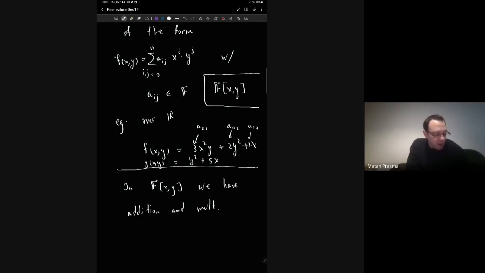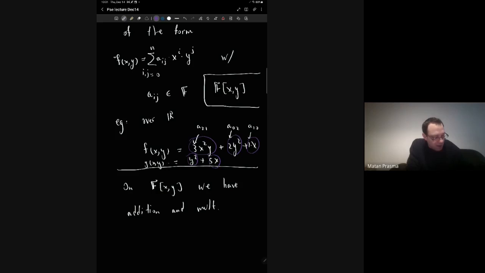I take all the monomials, the basic building blocks of polynomials in two variables, are these guys, right? So I take all the monomials in one, and I compare them to the monomials in the other.